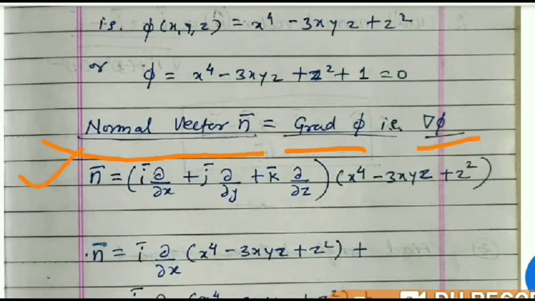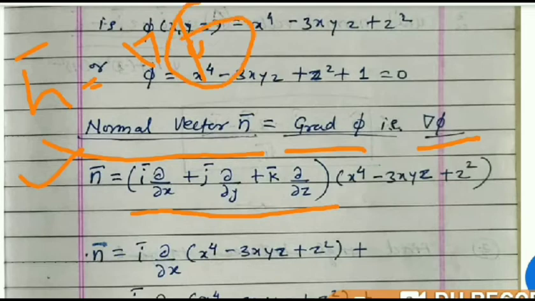So n bar equals del phi, that means n bar equals i bar del by del x plus j bar del by del y plus k bar del by del z, applied to phi, which is x to the power 4 minus 3xyz plus z square.